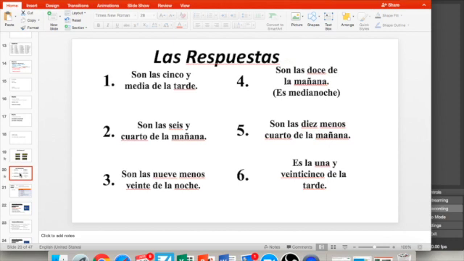For these two, I try to specify rather than saying doce de la mañana or doce de la tarde. I tend, in my natural speaking of Spanish, to say it's midnight or it's noon, because the 12 a.m. and 12 p.m. just always are complicated. So es medianoche for it's midnight, or es mediodía for it's noon. So medianoche in this case, because it's midnight, is the better response.